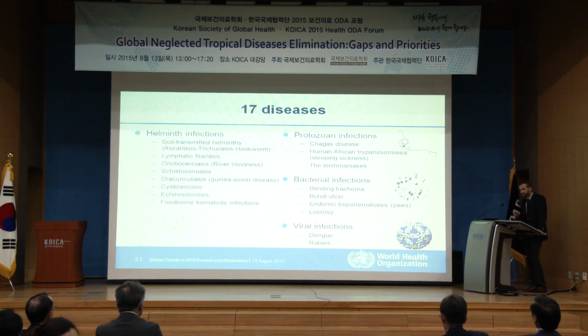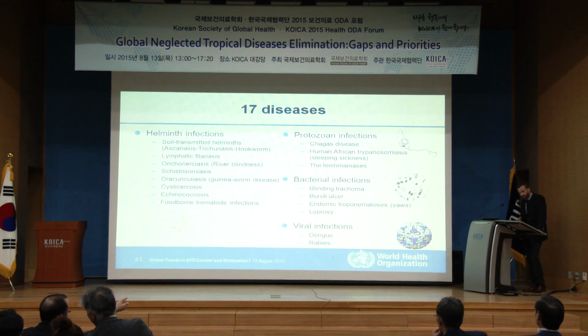What these diseases have in common is that they mainly affect populations living in poverty with inadequate sanitation, people in close contact with domestic animals and livestock, and infectious vectors such as mosquitoes transmitting these diseases. They perpetuate poverty because they impair the cognitive development of children. They cause chronic morbidity and disability, and generate also social stigma.